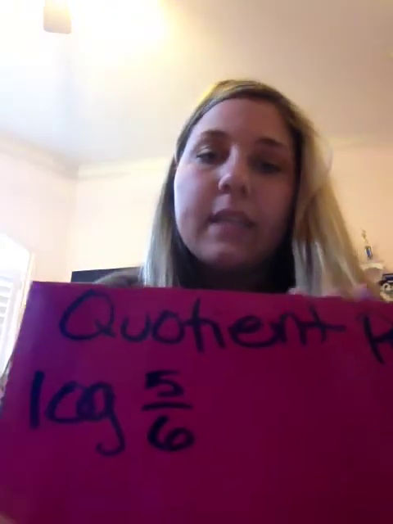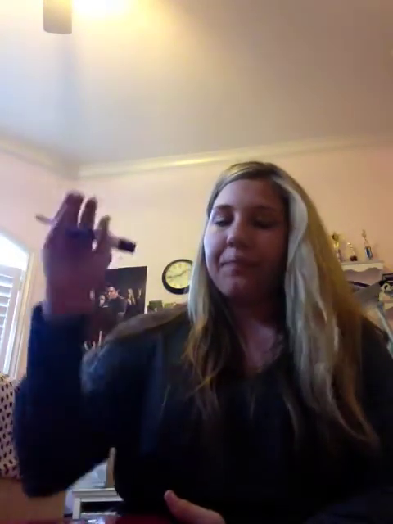You can rewrite it and get log 5 minus log 6, because the minus tells us that 5 is over 6. And the base is 10. So yes, the base is 10.